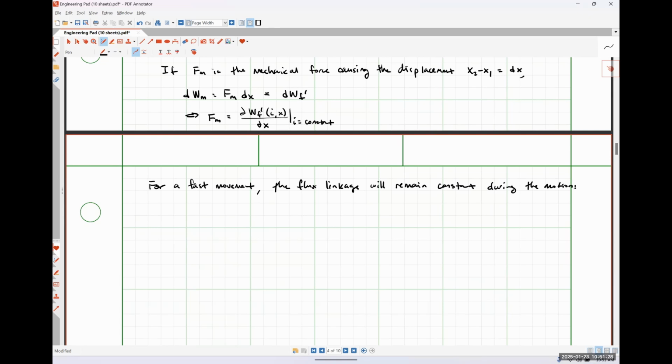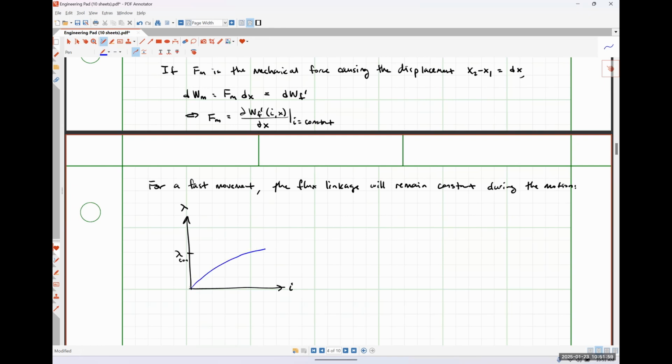Essentially, if I were to draw a very similar graph to the one I drew a few moments ago, here's my flux linkage, here's my current axis, here's some arbitrarily constant flux linkage, lambda constant. So my two curves will be essentially the same type of thing, something like this. Actually, that doesn't hit that line, so let me make it a little more exaggerated.